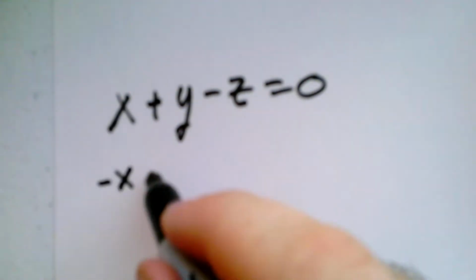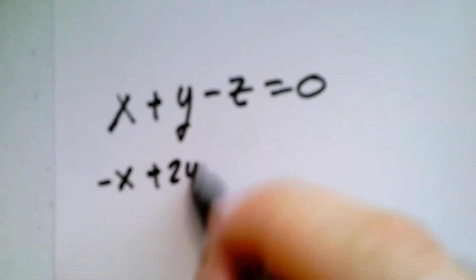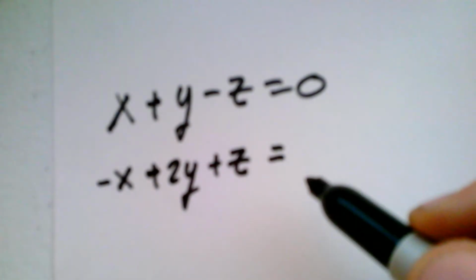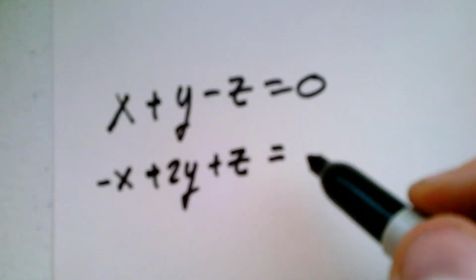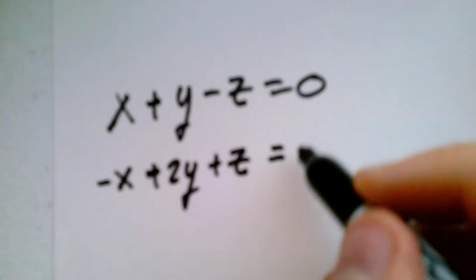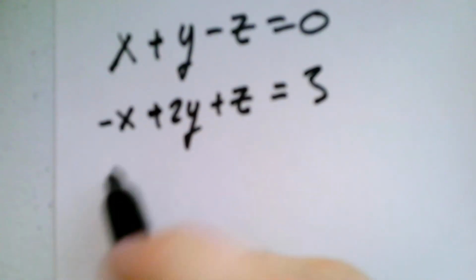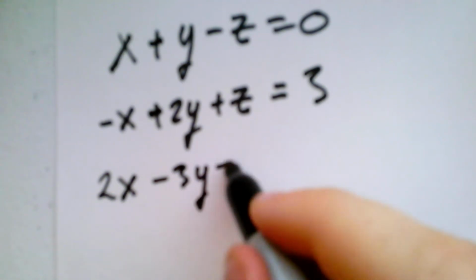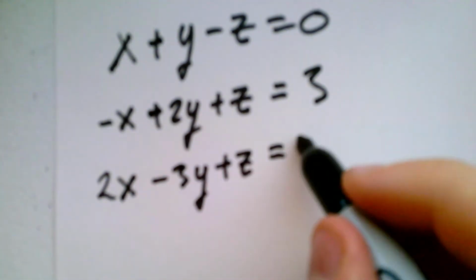So let's say that we have a linear system. Let's say that we have x plus y minus z equals 0, and negative x plus 2y plus z is equal to, let's pick a number, 3, and let's say that we have 2x minus 3y plus z is equal to 7.